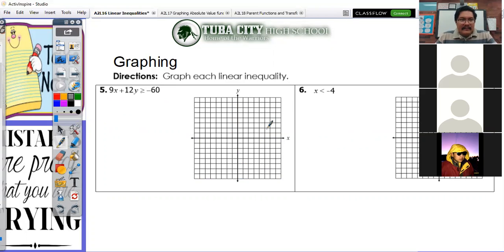Okay, another one that is not in standard form. So if it's not in standard form, it looks like we're going to have to put it into standard form. So I'm going to get rid of this 9x, so minus 9x from both sides.